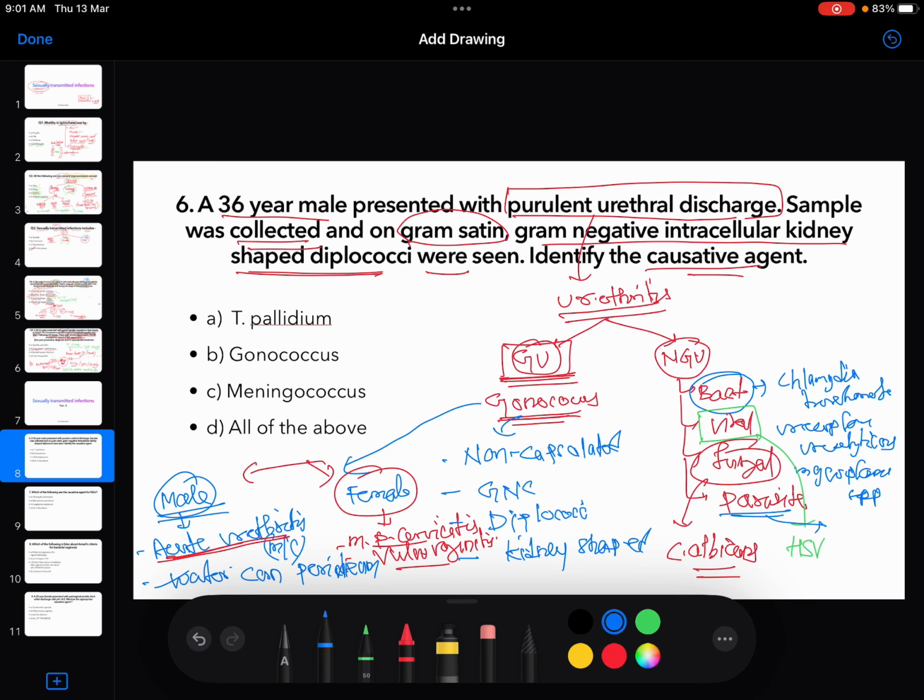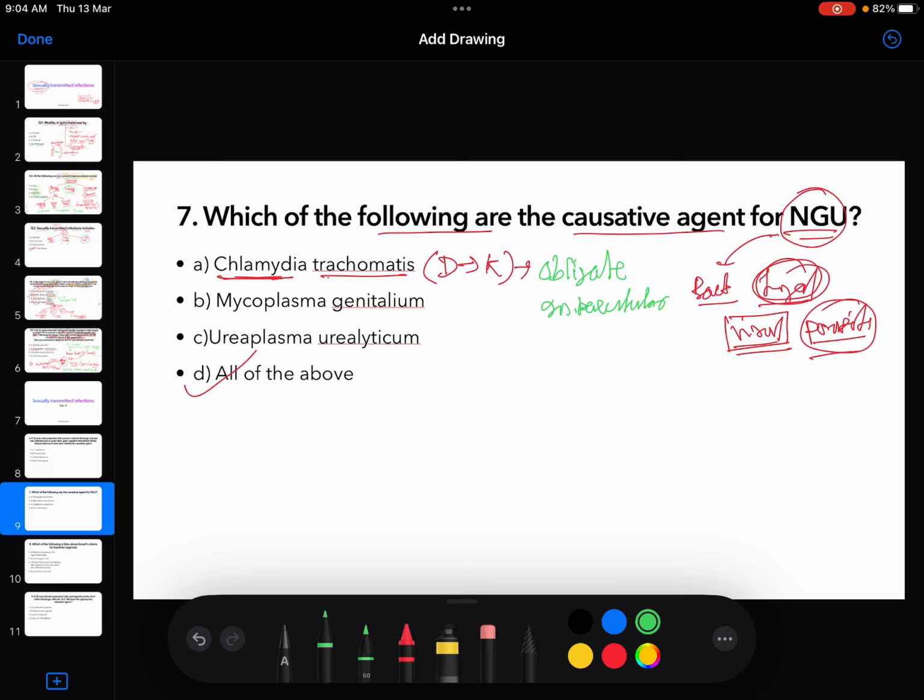And this chlamydia is an obligate intracellular bacterium.